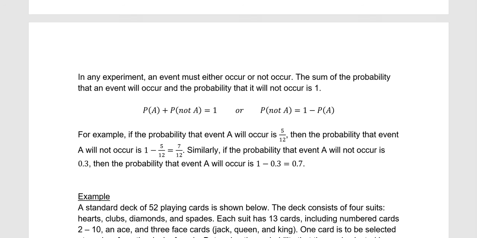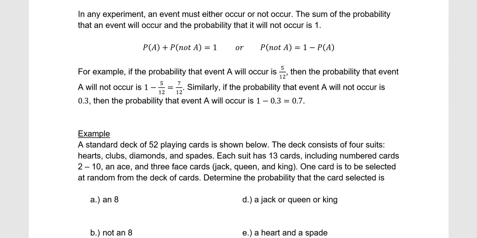Okay, so for this last thing here, just one extra important probability fact. In any experiment, an event must either occur or not occur. What that means is the sum of the probability that an event will occur plus the probability that it will not occur is going to equal 1.